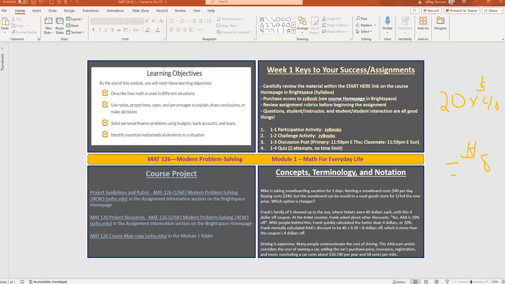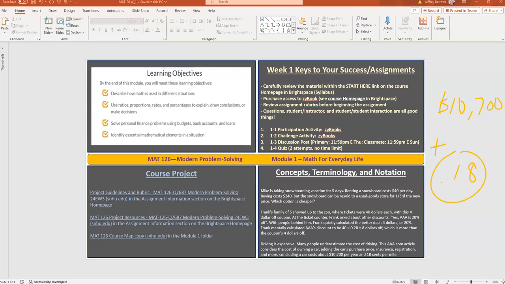And then finally, everybody loves having the convenience of a car, but down here we find that it's very expensive to have a car. What AAA is saying is the cost of a car per year is $10,700 plus 18 cents a mile. We know mathematically that 18 cents is 0.18.